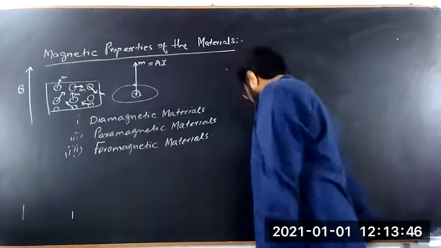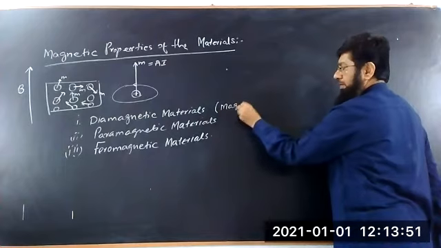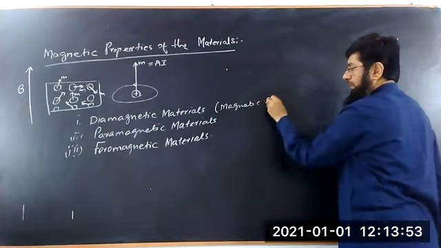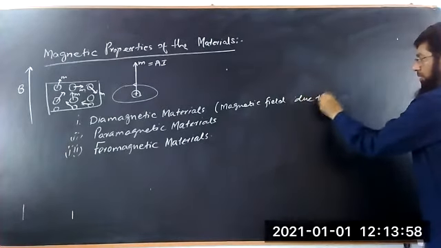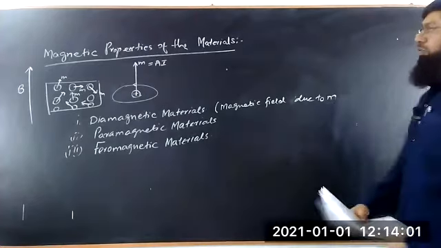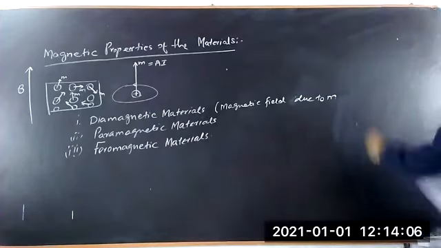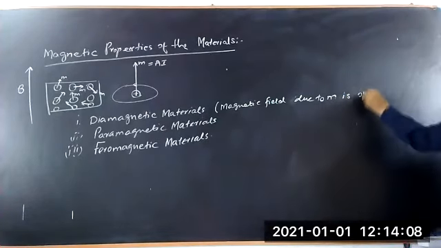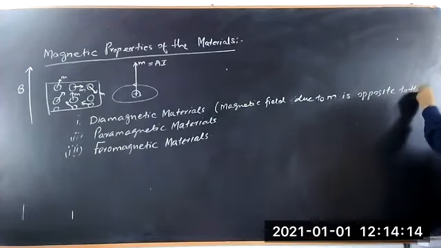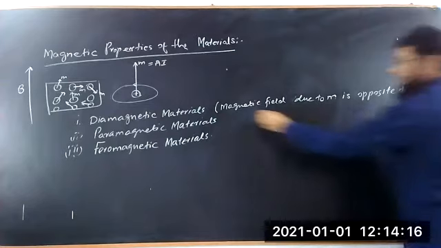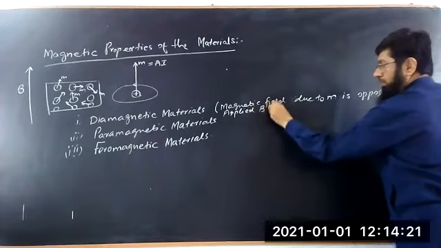So in diamagnetic materials, the magnetic field due to the magnetic dipole moment M is opposite to the applied magnetic field.